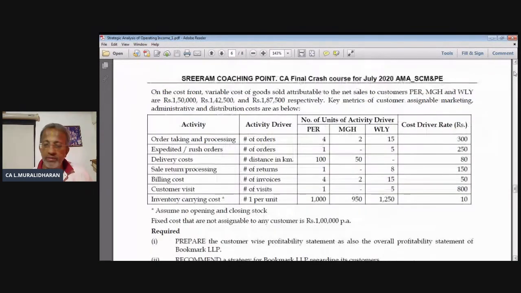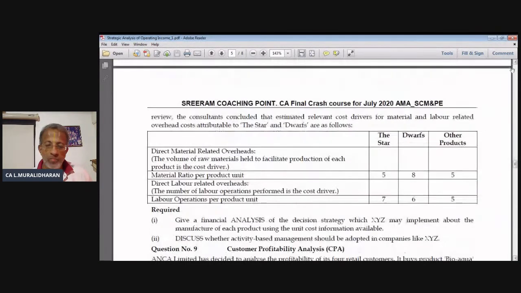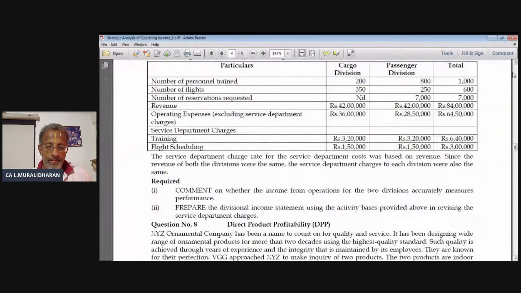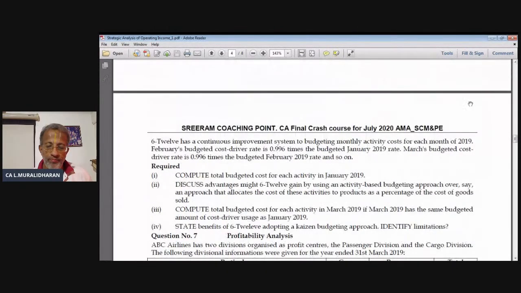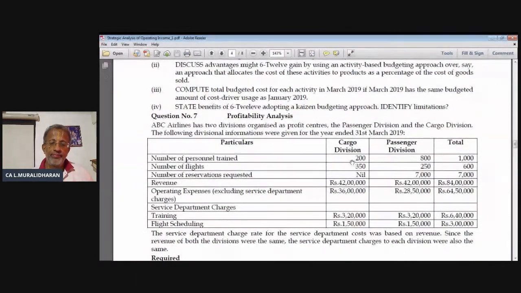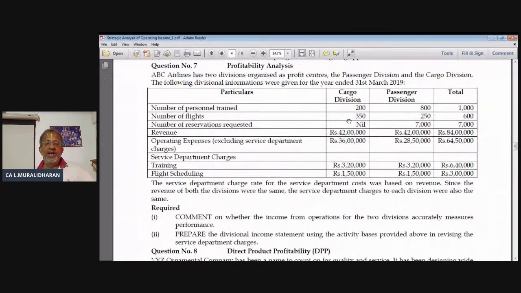Problem number 7. Profitability analysis. ABC Airlines has two divisions organized as profit center: the passenger division and the cargo division. The following divisional information is given for the year ending 31st of March 2019.